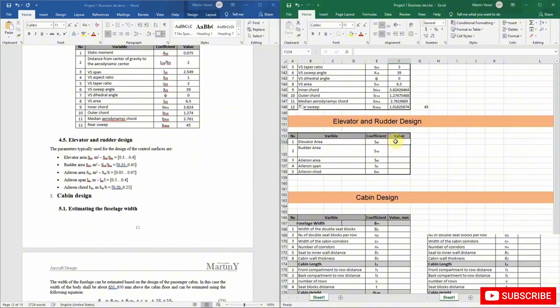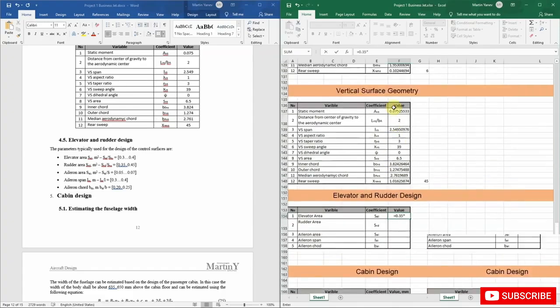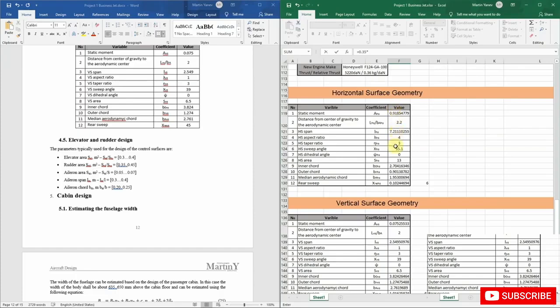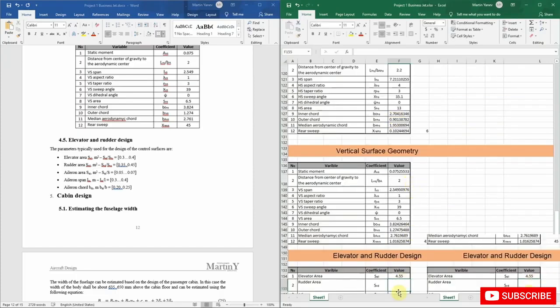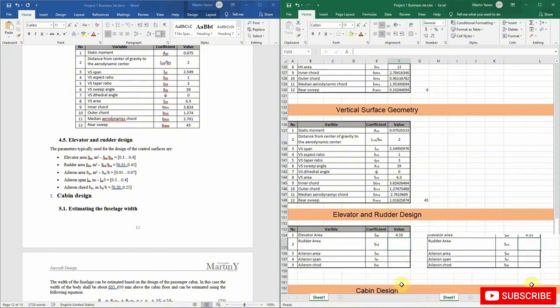This means 30 to 40% of the area of the horizontal stabilizer. So I'm going to do 0.35 multiplied by the area of the horizontal stabilizer, and then I'm getting 4.55 square meters, which is the area of the elevator.